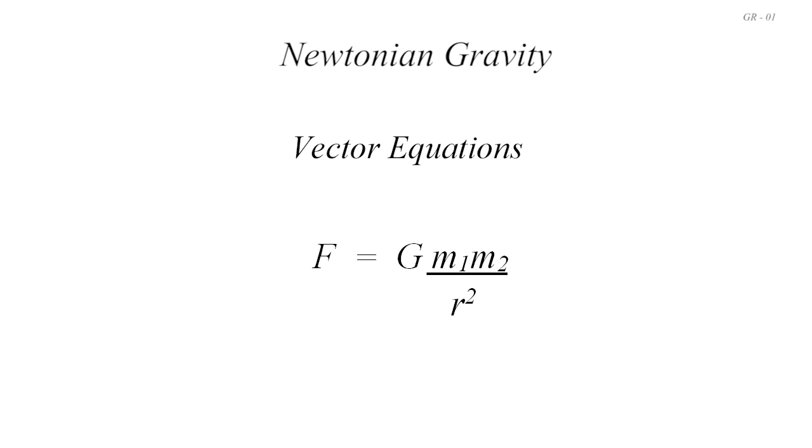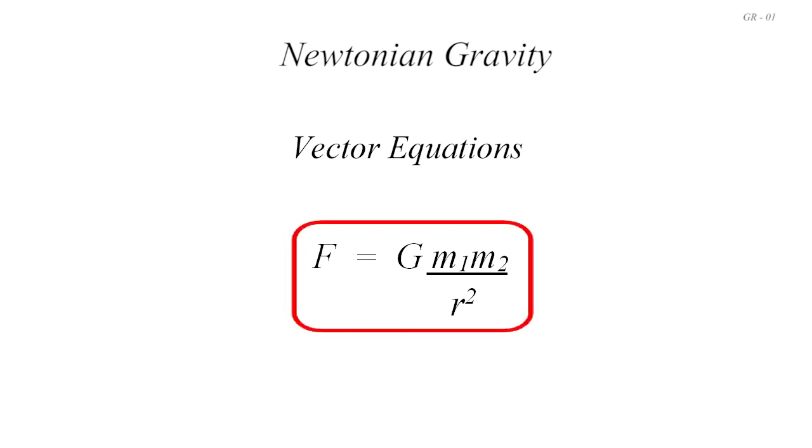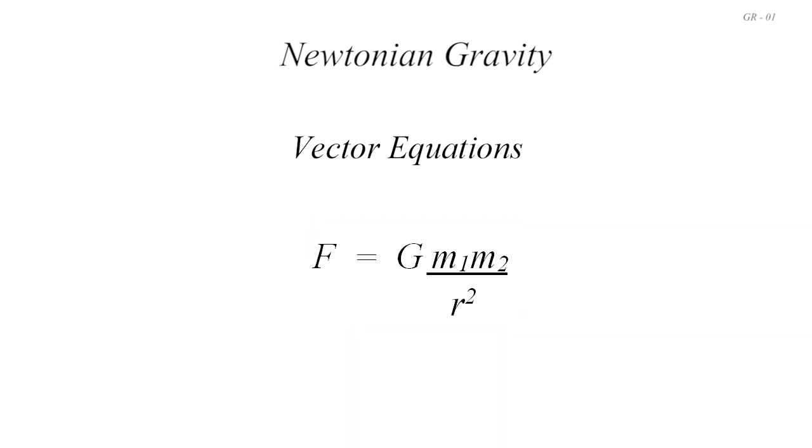However, we tend to think of this as a vector situation. Force is a vector after all, and in this case the force is opposite to the direction in which r is measured. And a possible way to show the vector nature of this would be to write the Newtonian formula as this, where the vectors are shown in bold and not italic.